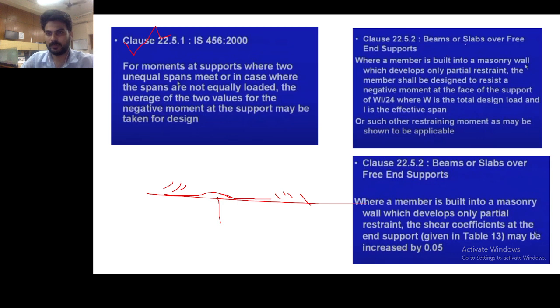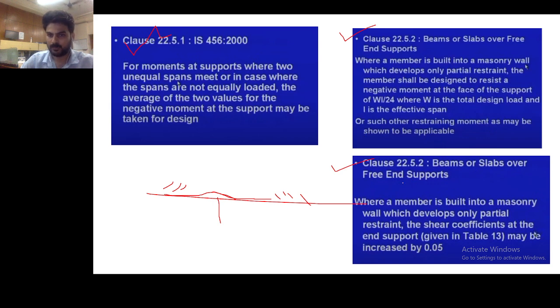So for the beam or the slab over a free end support where a member is built into the masonry, this is a clause for masonry, and this is generally not much in use in our practice, but still we will see. It develops only partial restraint. The member shall be designed to resist a negative moment at the face of the support of WL by 24, where W is the total design load and L is the effective span, unless some other resistance moment may be shown to be applicable.